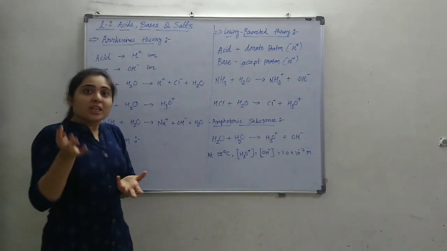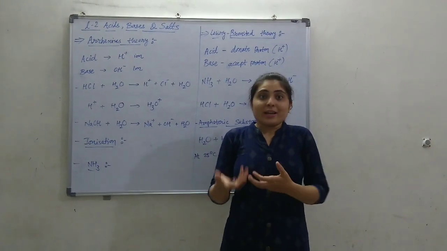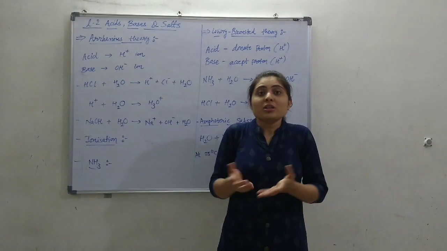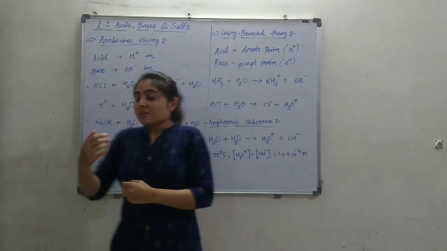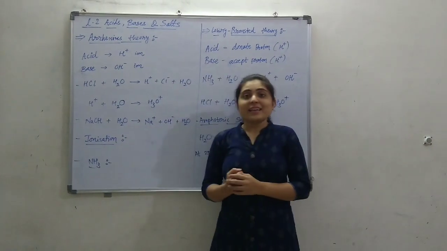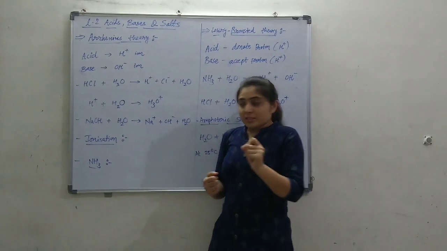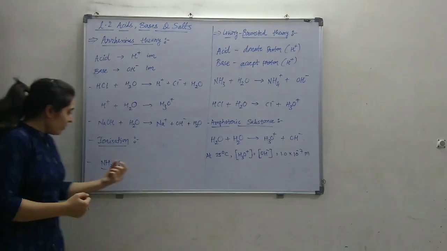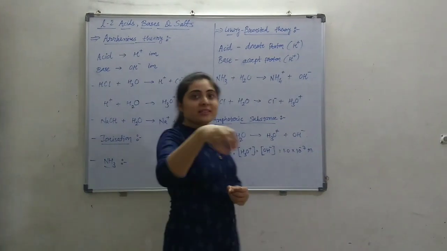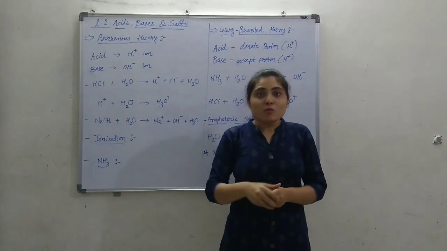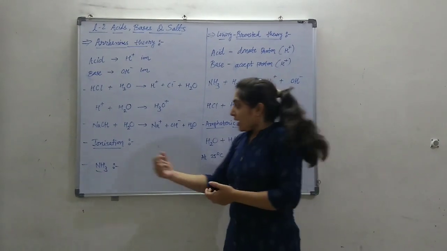Sometimes a substance does not have OH minus ion or H plus ion, but still shows acidic or basic nature. The problem here arises in NH3, ammonia. Ammonia gas has the chemical formula NH3, and when this ammonia gas is added into water to make a solution, this solution is basic.